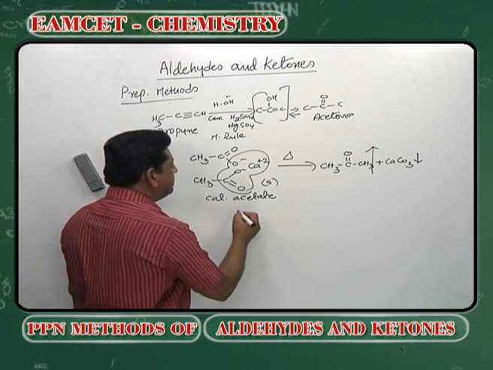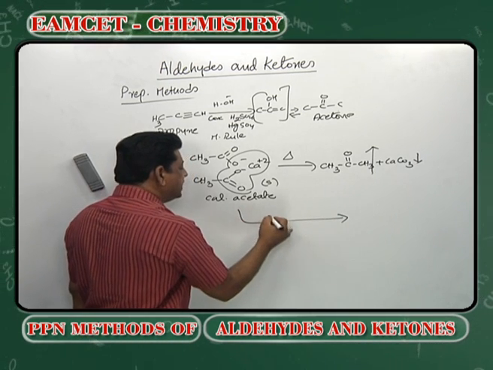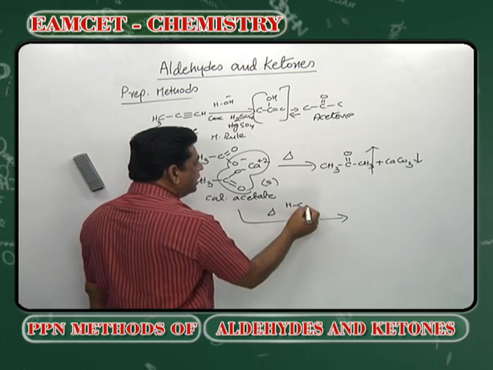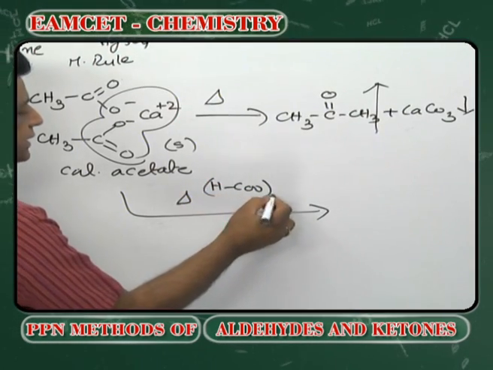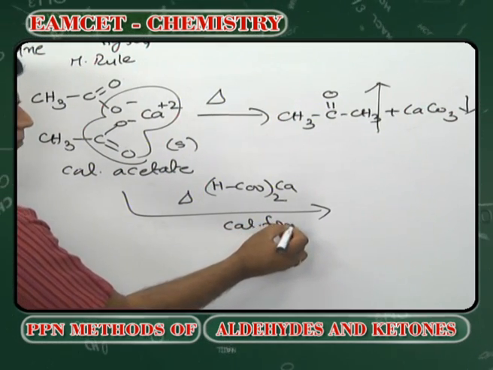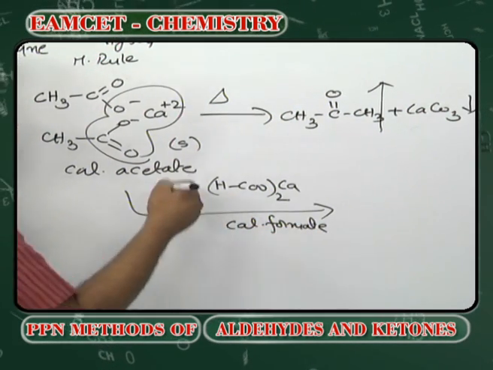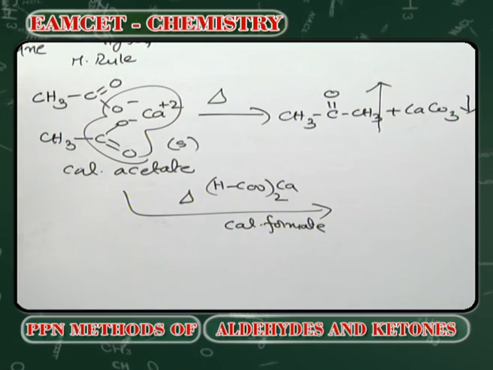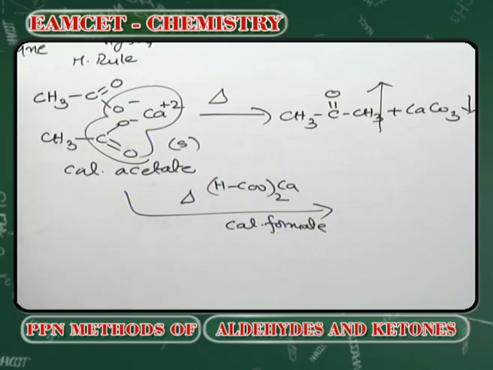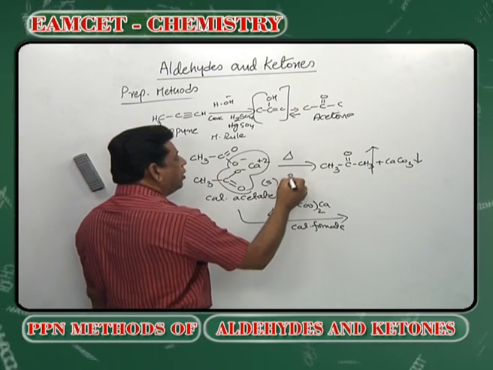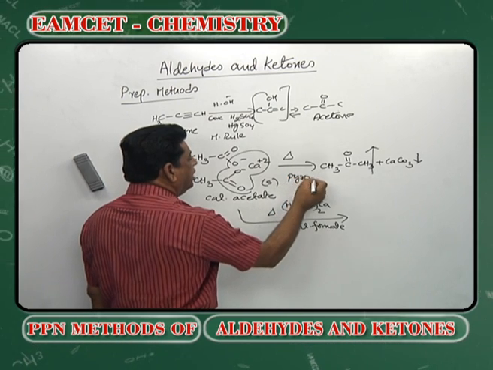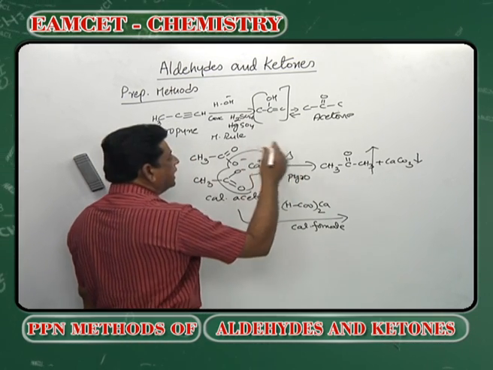Instead of heating calcium acetate alone, you can also take the formic acid salt, calcium formate. Mix calcium acetate with calcium formate and heat the mixture. Mere heating without putting any reagent is known as pyrolysis. Pyro means temperature, lysis means breakage.